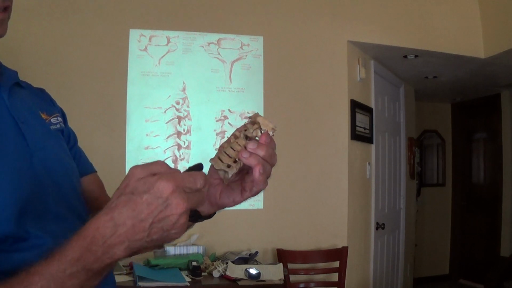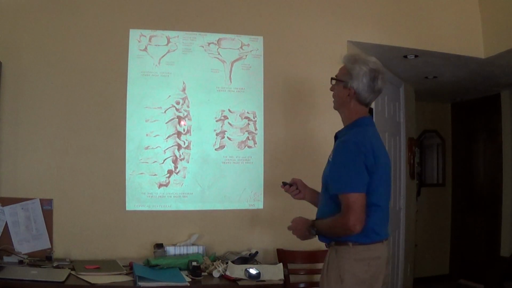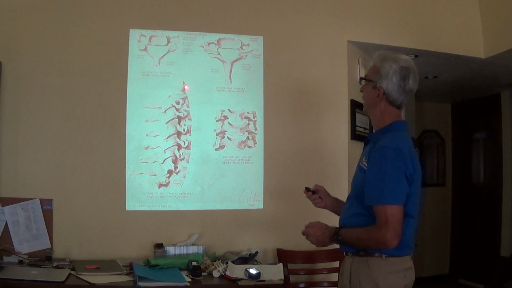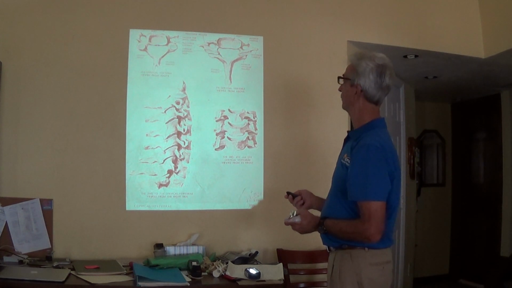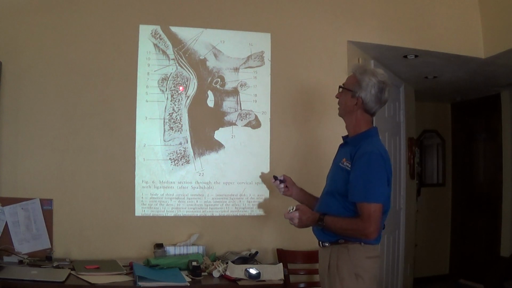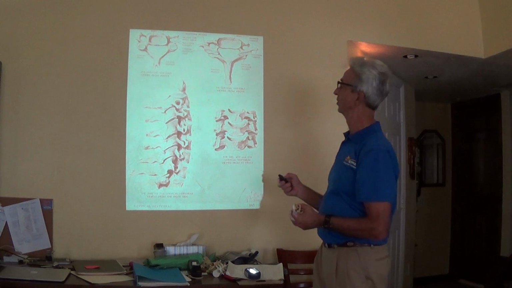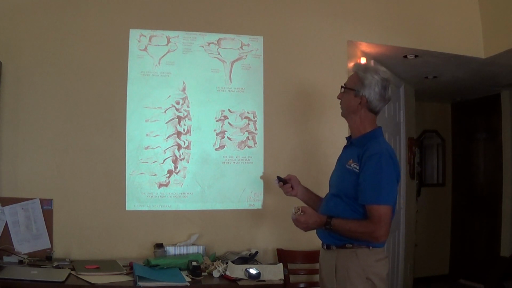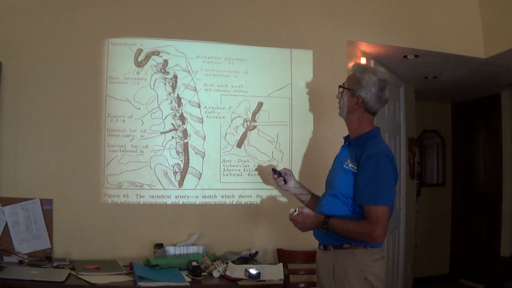What we have is the odontoid process coming up into the arch of the atlas, and it forms a joint here. In the AO articulation, or AA articulation, you actually have four joints.